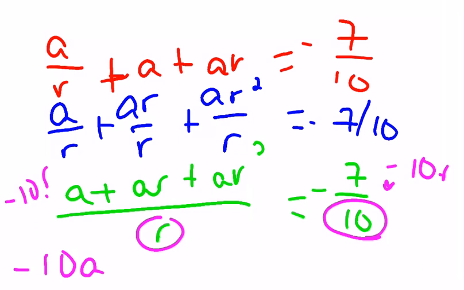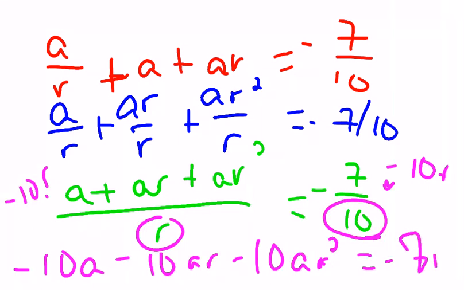I'm going to distribute that. Minus 10AR minus 10AR squared equals +7R.